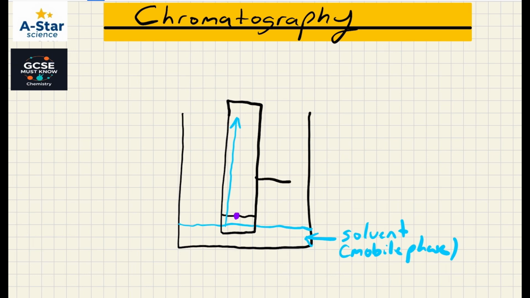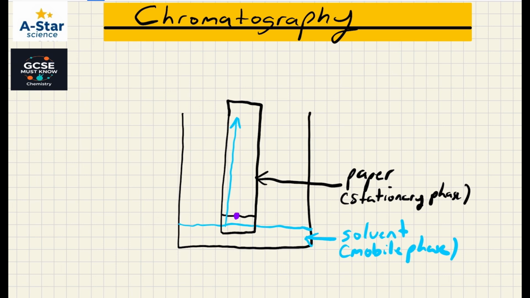Okay, so the paper we call the stationary phase. Stationary means still, it doesn't move. So the solvent is the mobile phase, it moves up the paper, and the paper is the stationary phase.